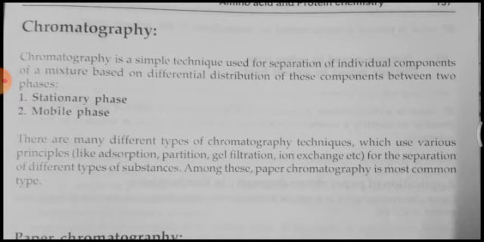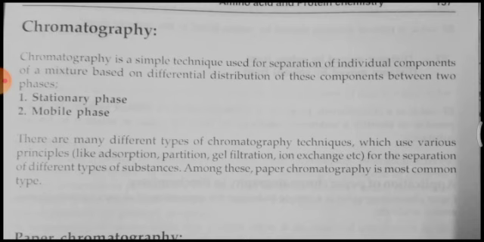Whenever a sample is subjected to two phases, that is stationary and mobile phase, based on their differential distribution, the samples will get separated and they can be identified by using certain stain techniques which give color.